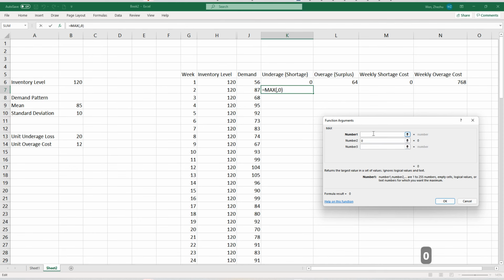The first parameter is the difference between the demand and the inventory level. Oh yeah, I didn't need two parentheses. But as you can see, if you use this function argument dialog box, the process is much more user-friendly.